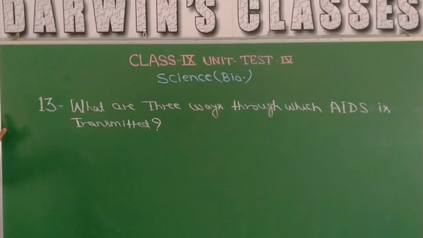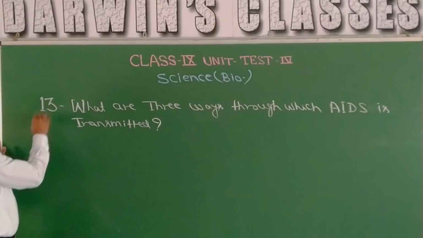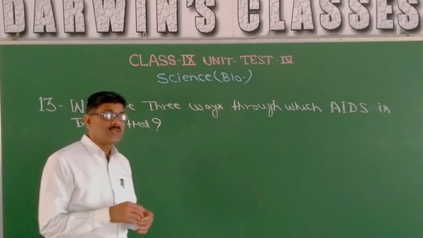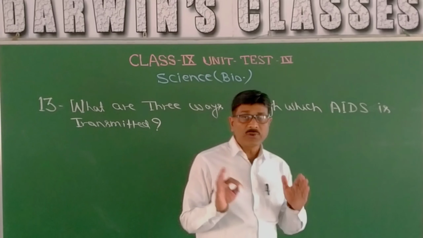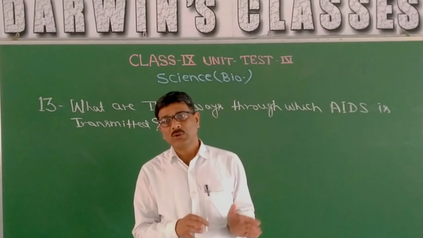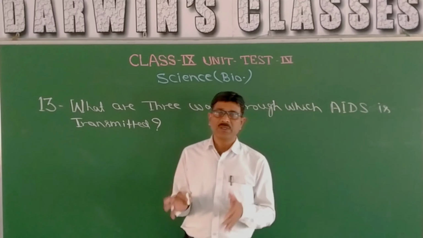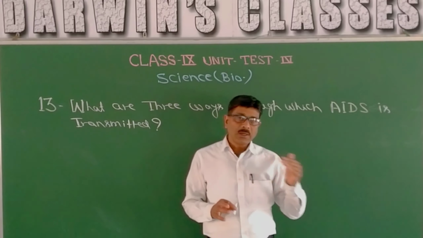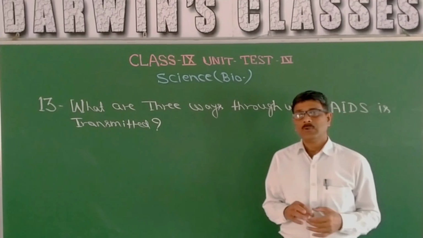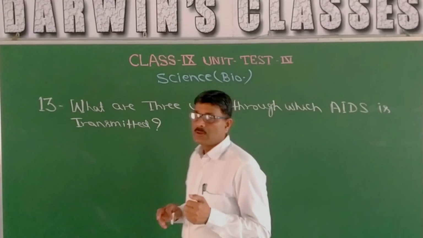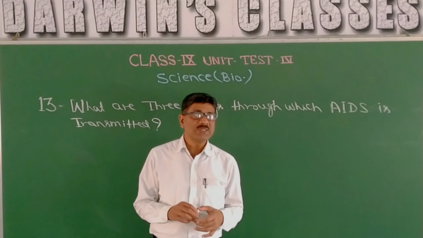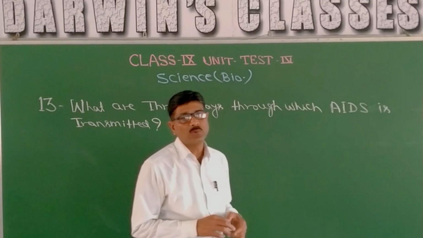The next question, question number 13, was: what are 3 ways through which AIDS is transmitted? That means mode of transmission of AIDS. So simply, it is through sexual contact. If any healthy person comes in contact with a person who is HIV positive or who has AIDS, the second one will be infected, because there must be contact of body fluid.